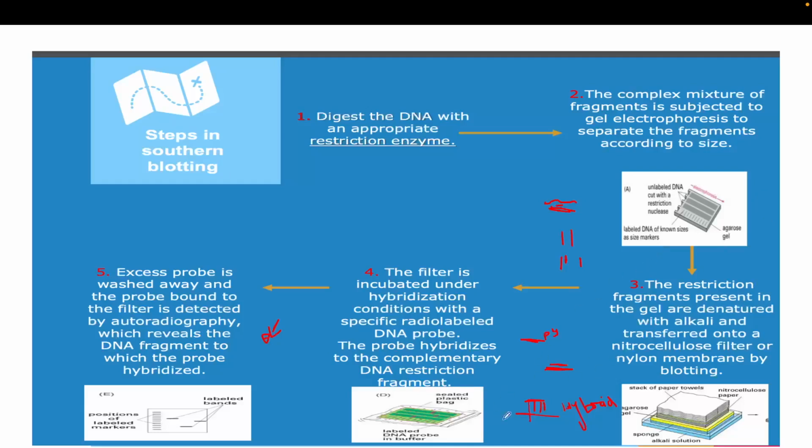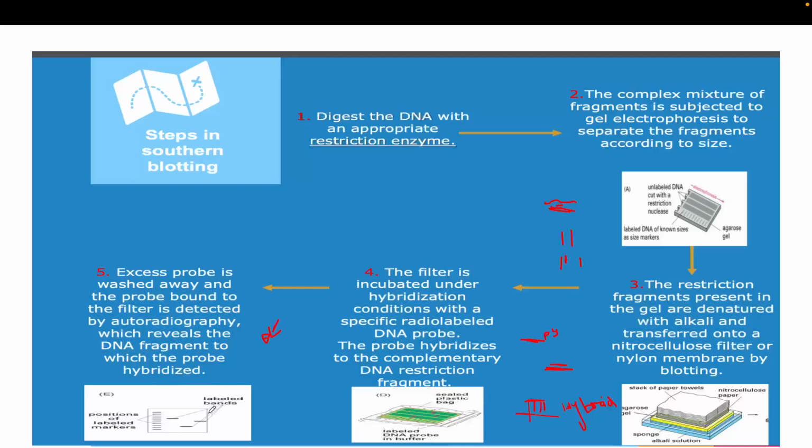And the extra probe which is not bound to this sequence will be washed out using the washing solution. And then this probe will be detected by the autoradiography machine because of the radiation emission, which reveals the DNA fragment to which the probe hybridized.